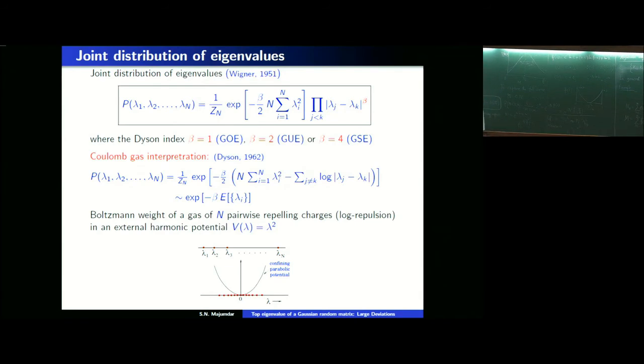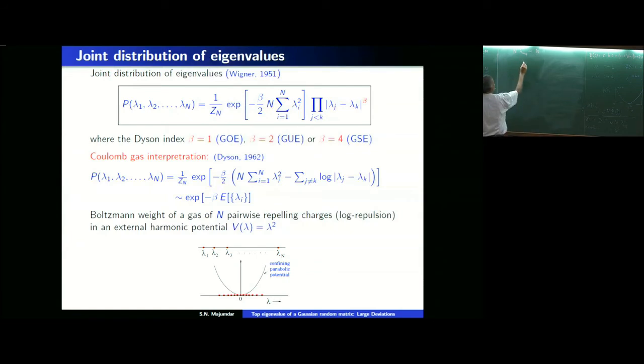So if you have to balance these terms, what you see is that n lambda square is of the order of n square, right?